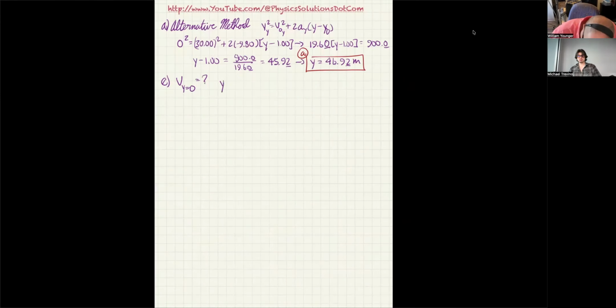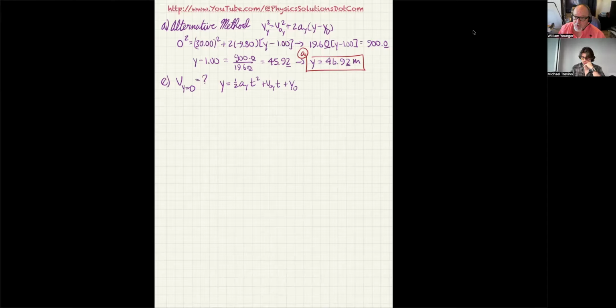We can say y is equal to 1 half a sub y t squared plus v0 sub y t plus y0, and we're going to set y equal to 0, and this will give us a way to solve for the total time that it's in the air. Specifically, this is solving for the hang time.